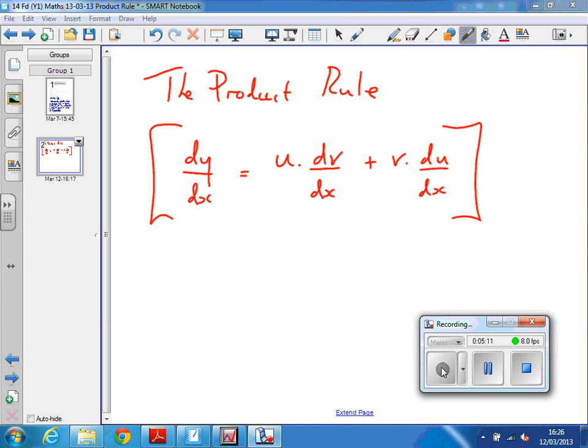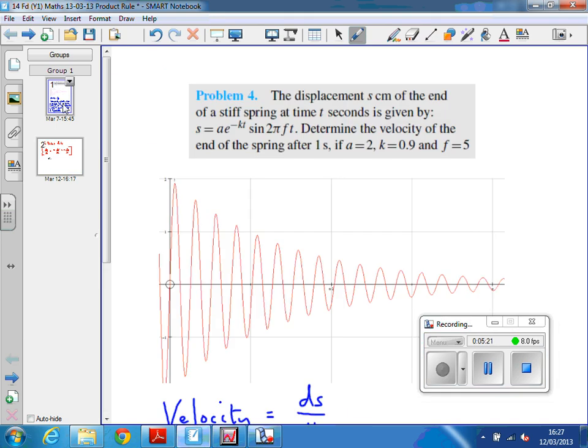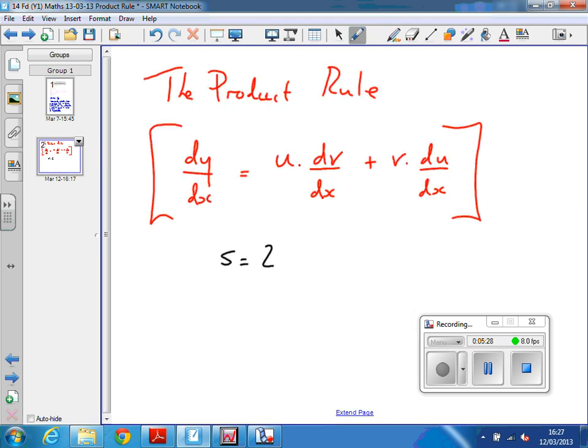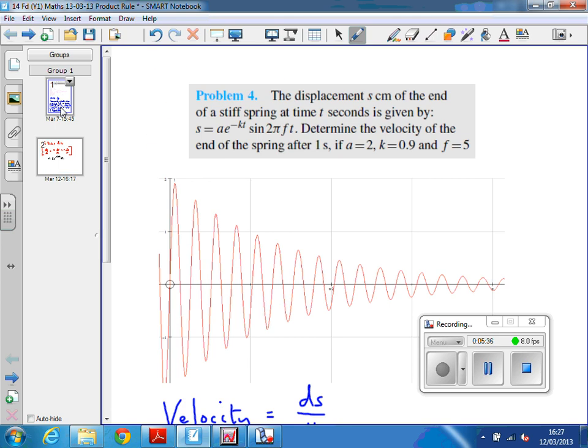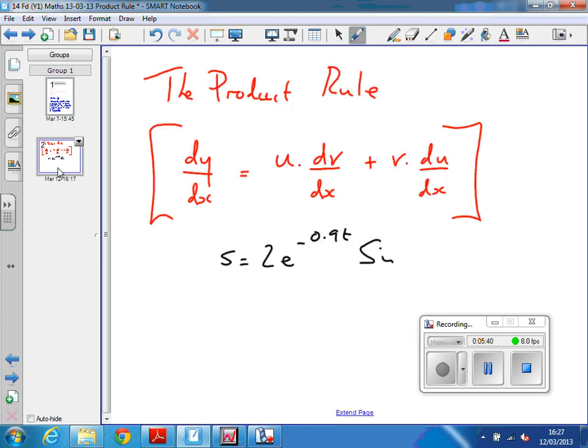So in our example, we have S equals A e to the minus kt, or in this particular example it was 2e to the minus 0.9t times the sine of 2 pi f t, and f was in this particular example 5, so sine of 10 pi t. So there's our two functions.